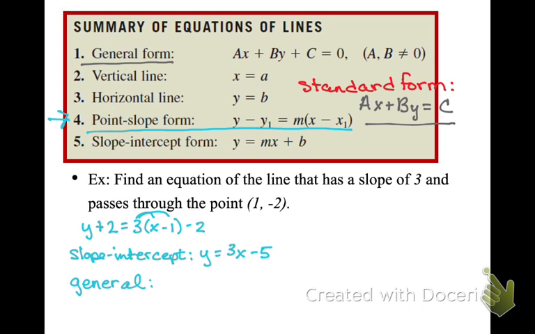So do we want to move the y to the right or the 3x minus 5 to the left? 3x minus 5 to the left. Okay, what's our rule about x? Has to be positive. So if I moved it to the left, it wouldn't be positive. I need to move the y to the right. Okay? So I'm going to have 3x minus y minus 5 equals 0.